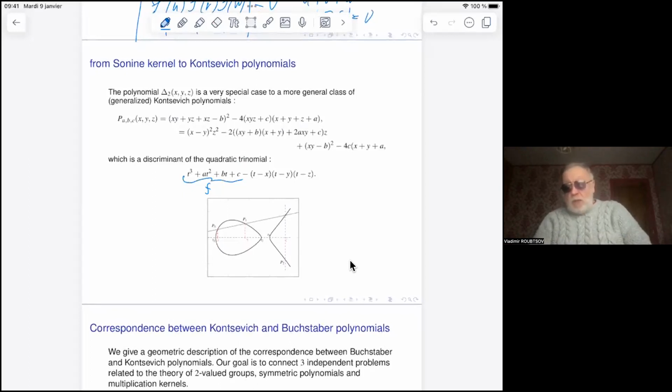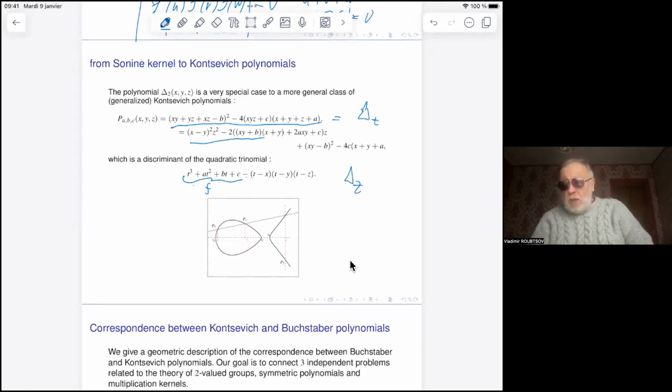When we subtract, the t cube minus t cube term will disappear. And we have a quadratic trinomial. And this quadratic trinomial has a discriminant of this form. Explicitly, in each variable, this polynomial can be written as a quadratic polynomial. So we can take the second discriminant. For example, this is the discriminant in t, but we can take the discriminant in z of this.